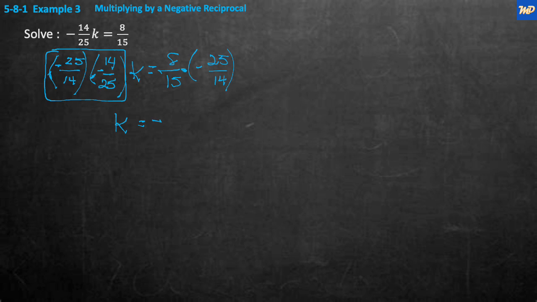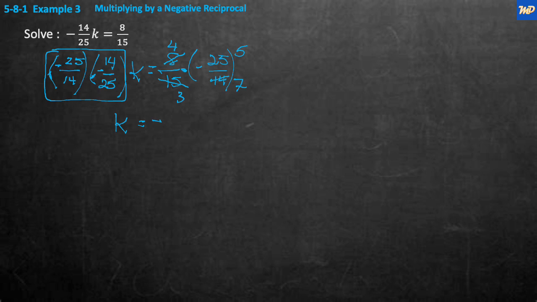So the 8 and 14, there's a common factor of 2. If I factor out the common factor of 2, I can put a 4 here, and I'll put a 7 down here. 14 divided by 2 is 7. And then 25 and 15, there's a common factor of 5. 15 divided by 5 is 3, and 25 divided by 5 is 5.